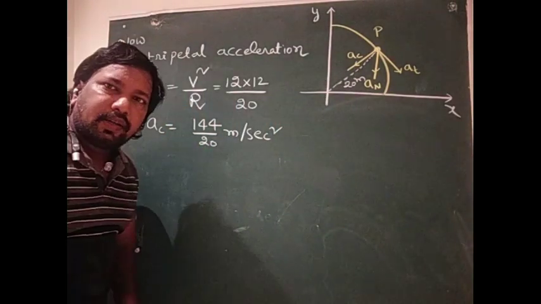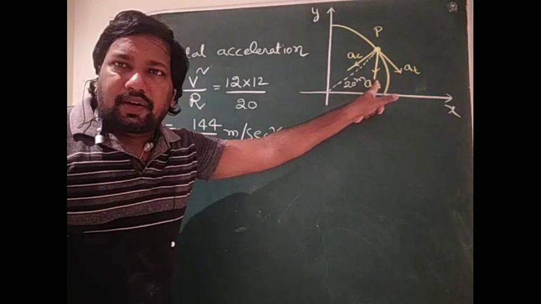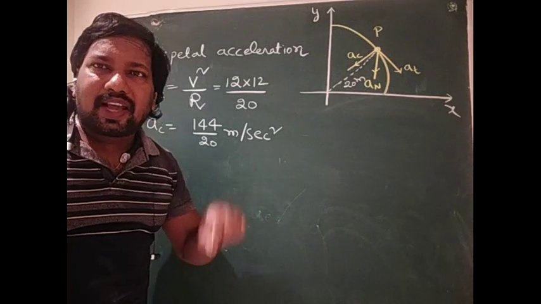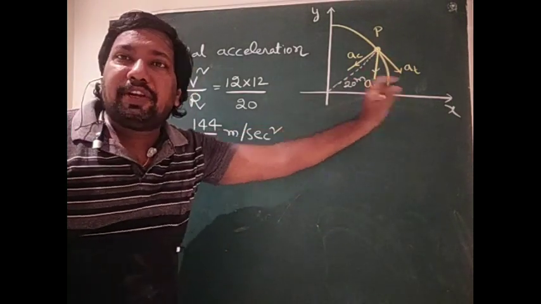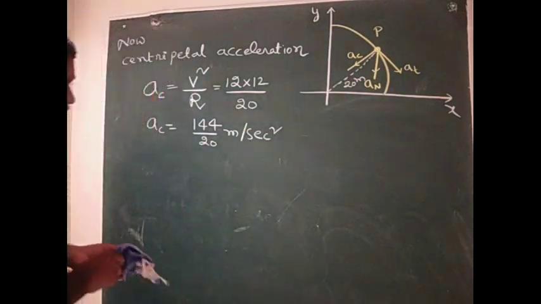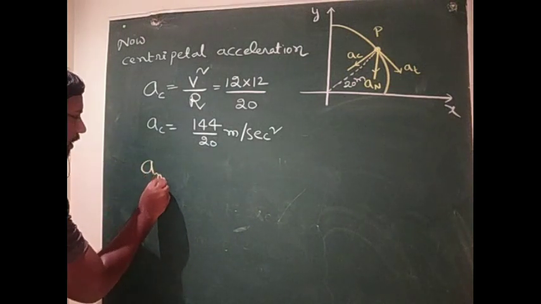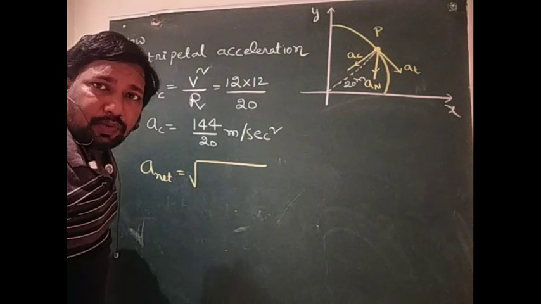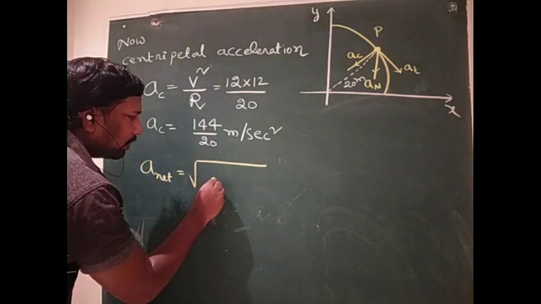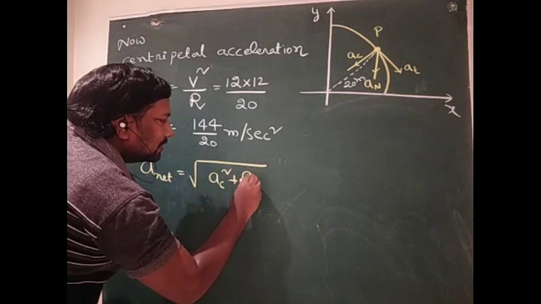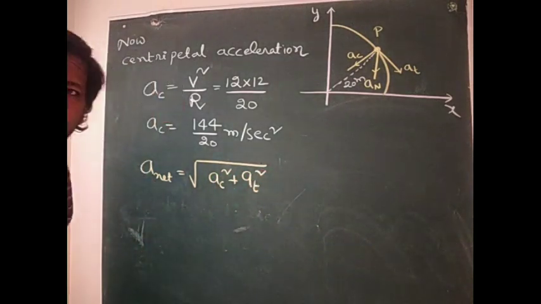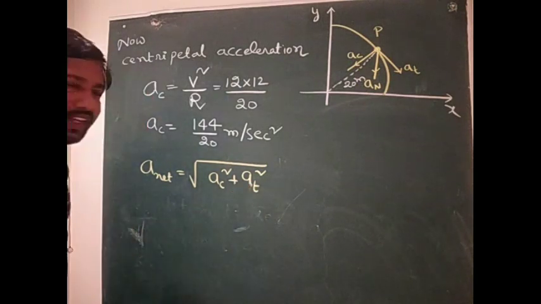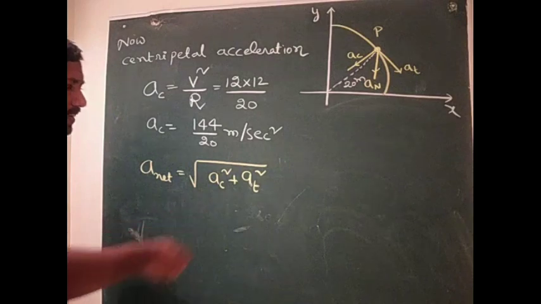So here net acceleration means these AC and AT. So centripetal acceleration and tangential acceleration are perpendicular to each other. So net acceleration equal to root over, according to parallelogram law, A net equal to AC square plus AT square. Here AC means the centripetal acceleration, and AT means the tangential acceleration.